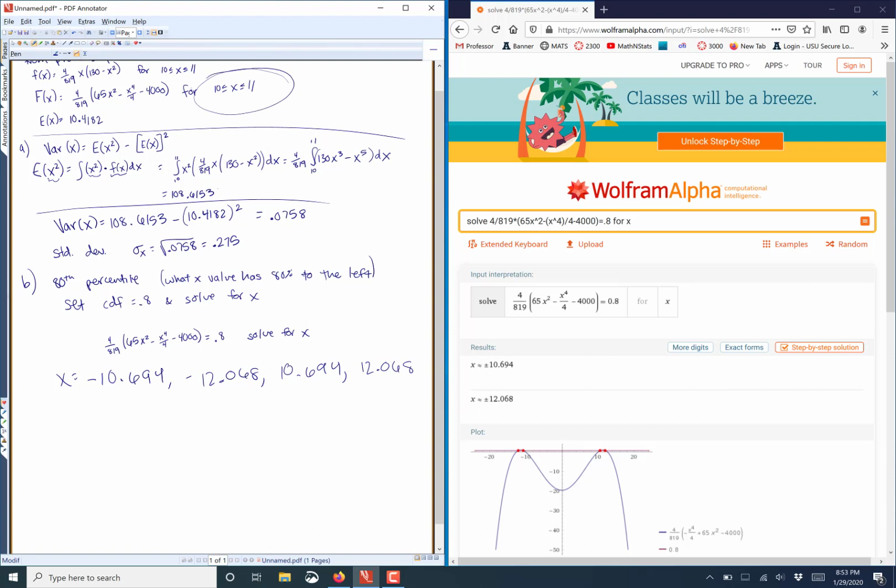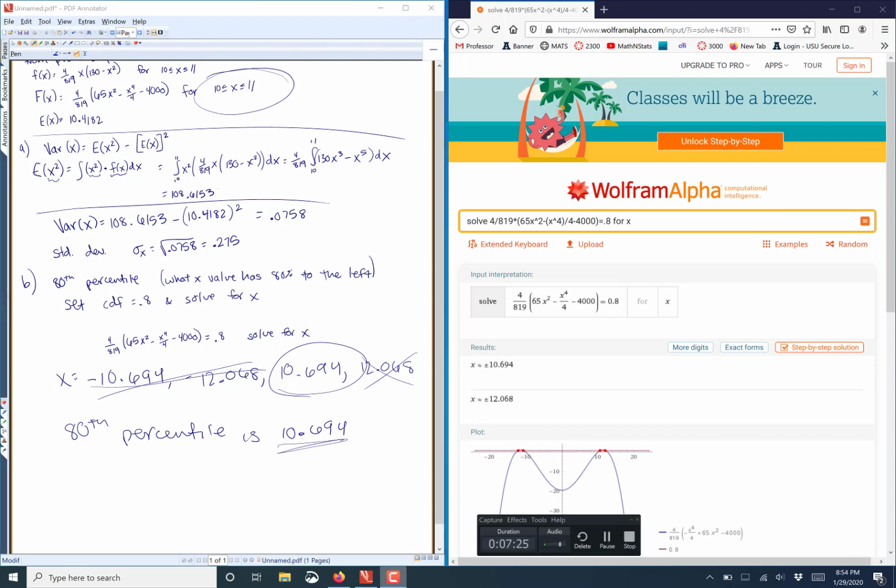We only care about x values between 10 and 11, so those negatives are out. That 12 is too high, so the only one left is this 10.694. So our 80th percentile is 10.694. That means 80% of the area is less than 10.694. Now, you're still supposed to find the 10th percentile. You can do that yourself. Just for 10%, you do 0.1 instead of 0.8.